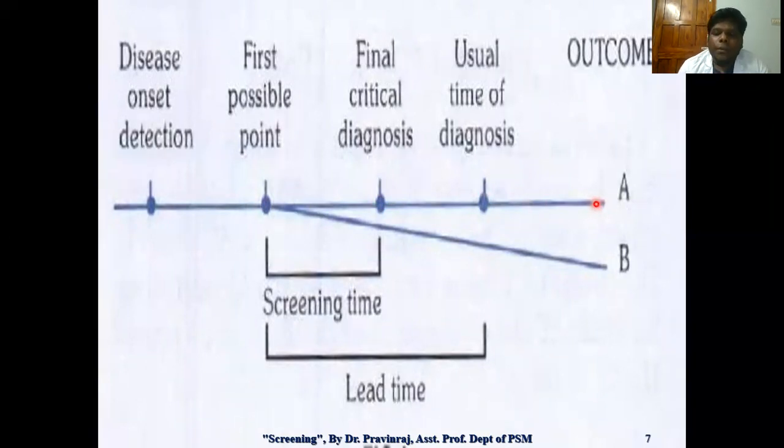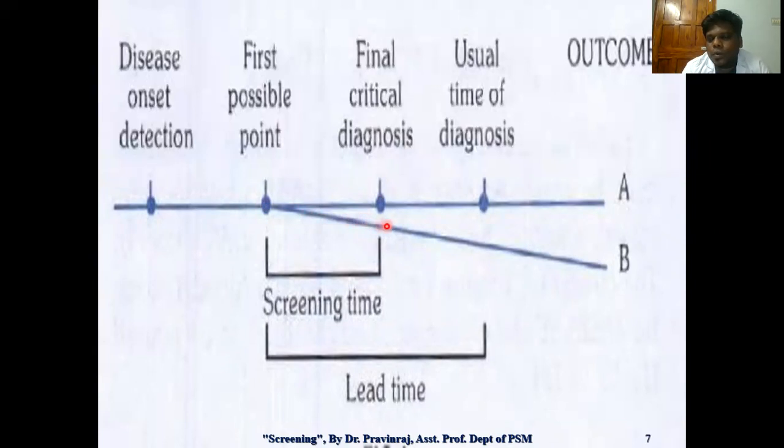Suppose you intervene at the first possible point of diagnosis, the progression of the disease will change. How? Instead of going to this side, it is going to come to this side. Since we diagnose at an early stage, it does not go on to any complication.